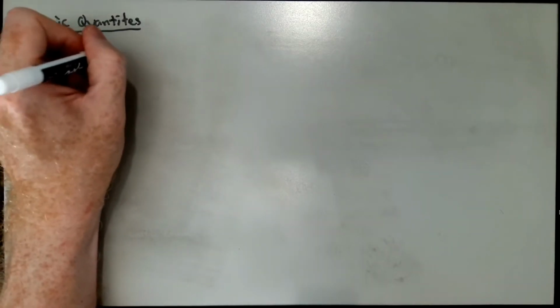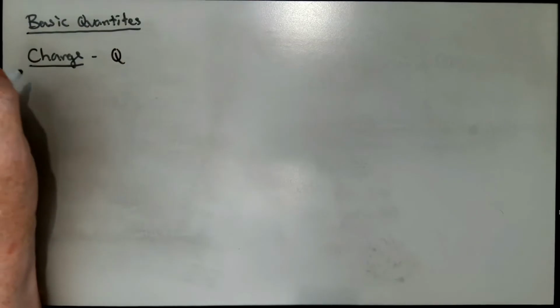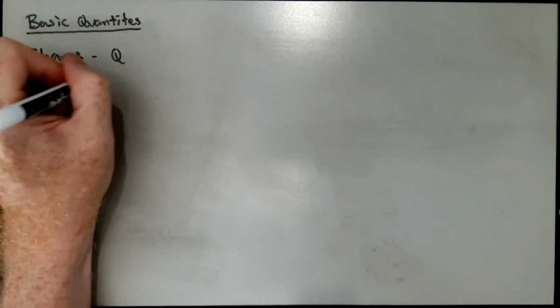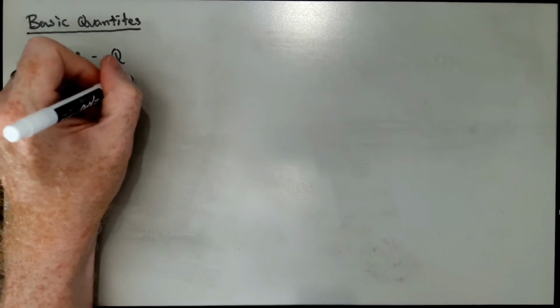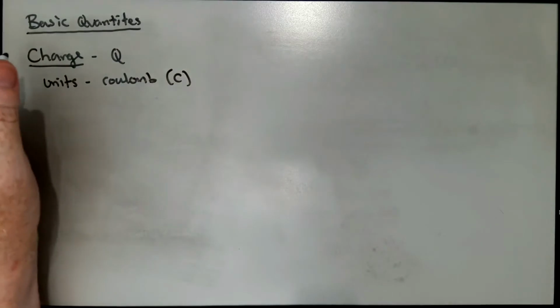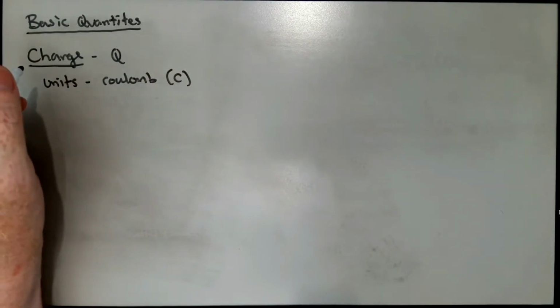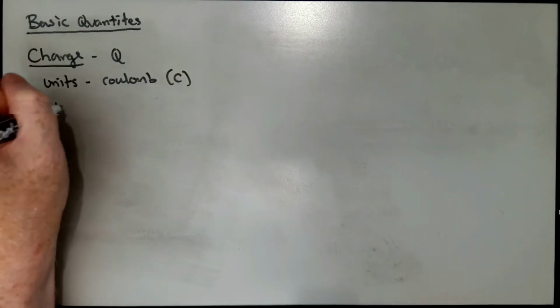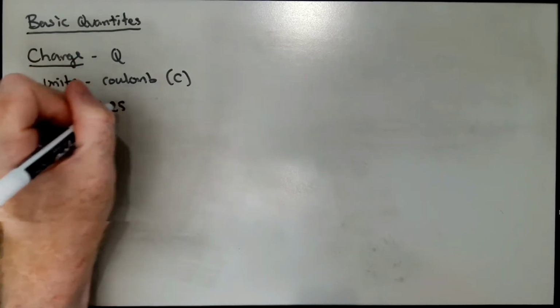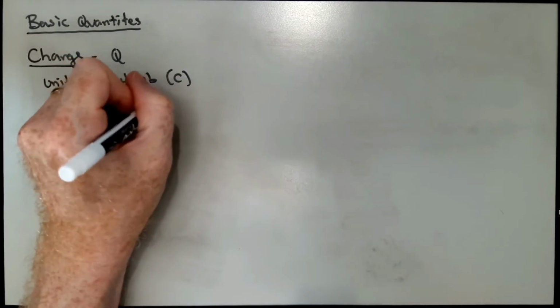So charge we denote by Q, and the units of charge in the SI system are the coulomb, denoted by C. Now a coulomb is a fair amount of charge. 1 coulomb is the charge on about 6.25 times 10 to the 18th electrons.